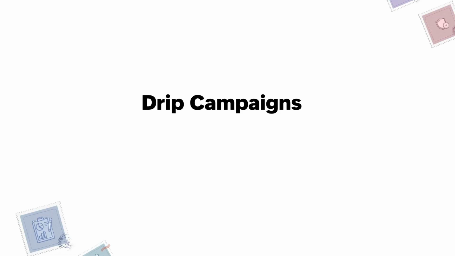So drip campaigns. What are drip campaigns, why do we need them, and how do they automate? From the name itself, we can understand drip campaign came from drip irrigation, right? In drip irrigation, we have a series of plants and we send the right amount of water at the right time consistently.